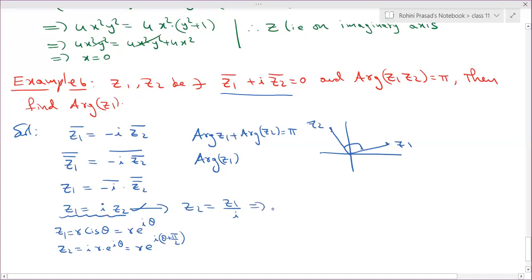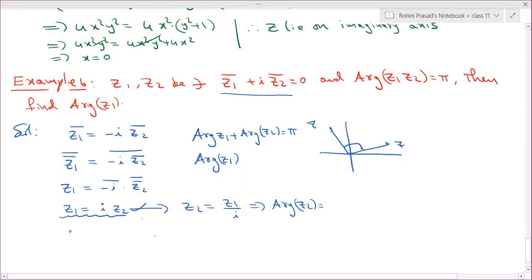So that implies argument of Z2 equal to, oh, sorry, I think I actually messed it up here. Like I just messed up with the order. I took Z1 in place of Z2 and Z2 in place of Z1.